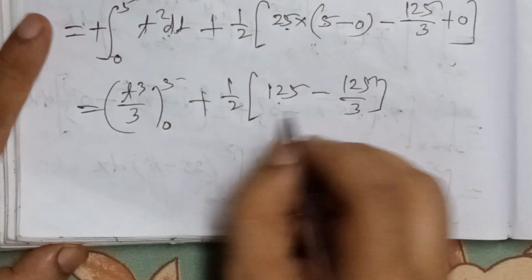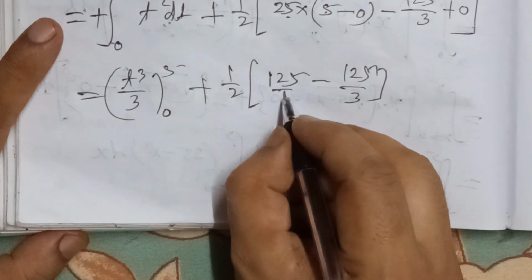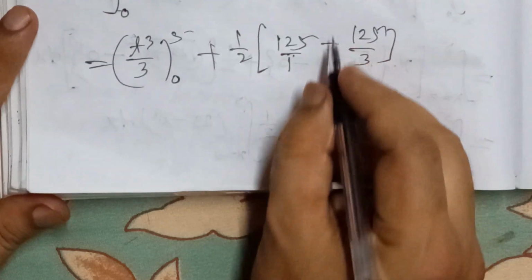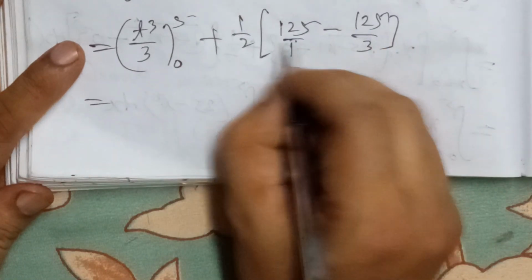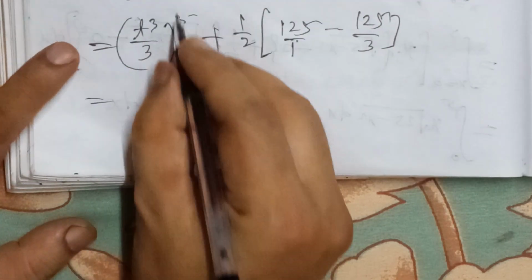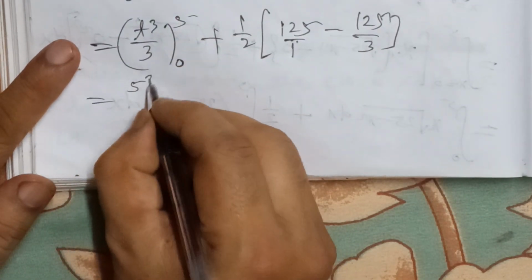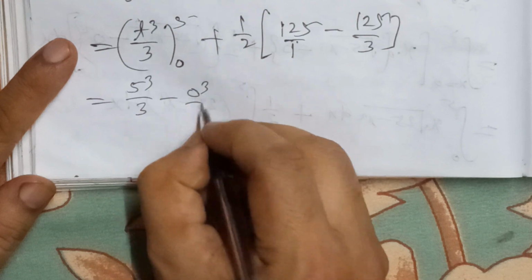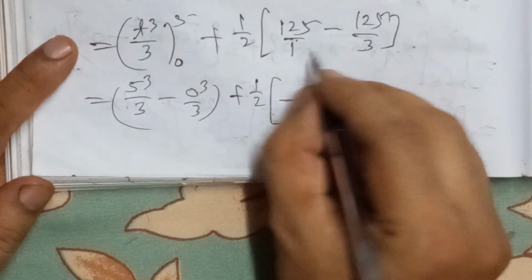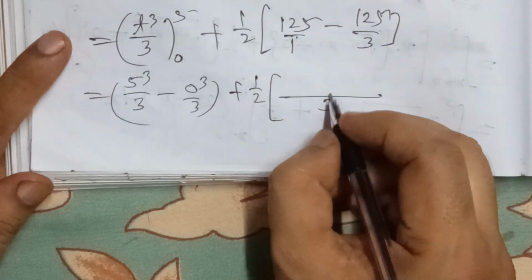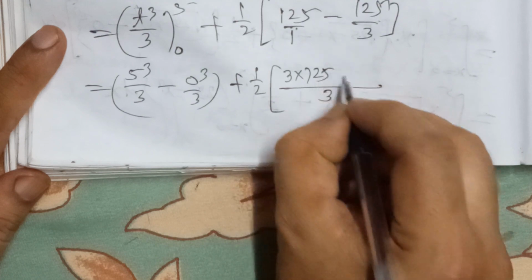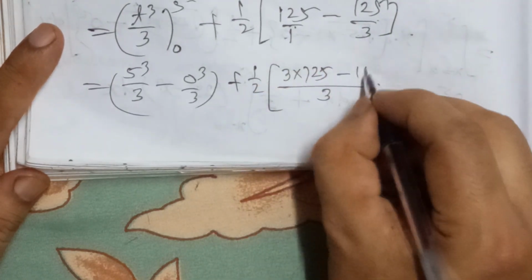You can take the LCM and make this value a fraction, so that you can subtract this value from this. Apply here upper limit minus lower limit. And in this you can take the LCM, which for 1 and 3 is 3, multiply 3 here, 3 into 125, or multiply 1 here, 1 into 125.